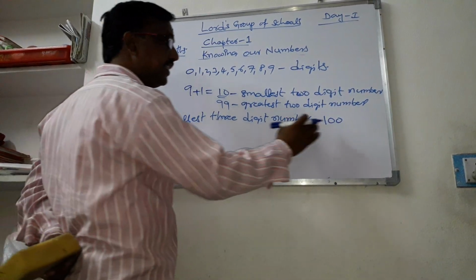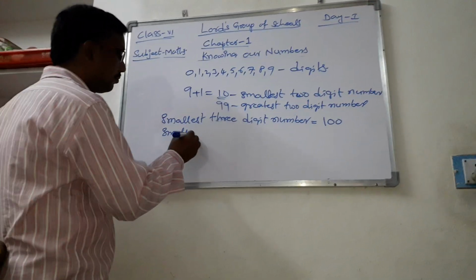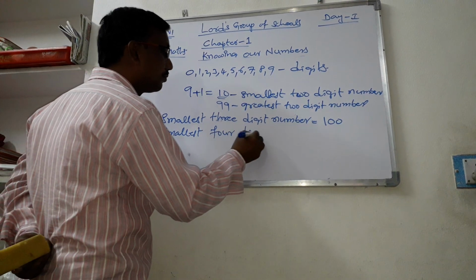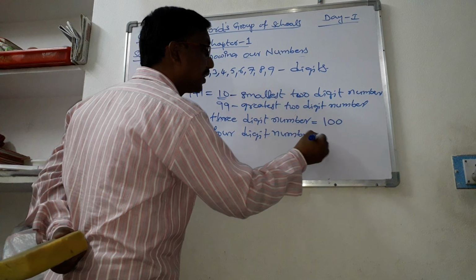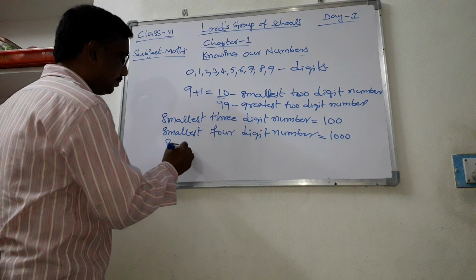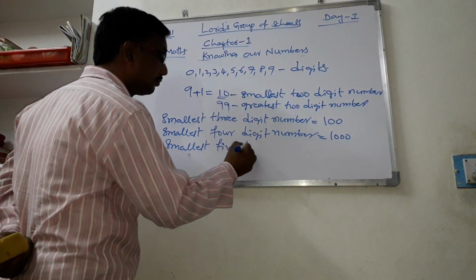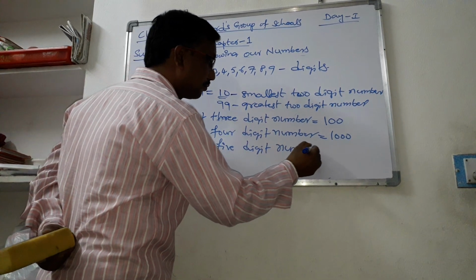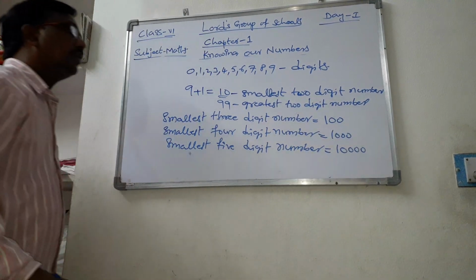Similarly, the smallest 4-digit number will be 1000. The smallest 5-digit number will be 10,000, and so on.